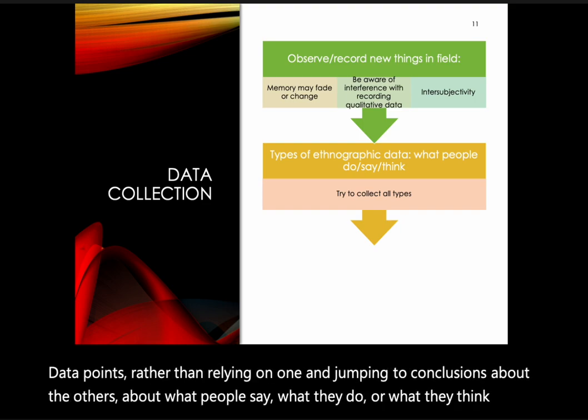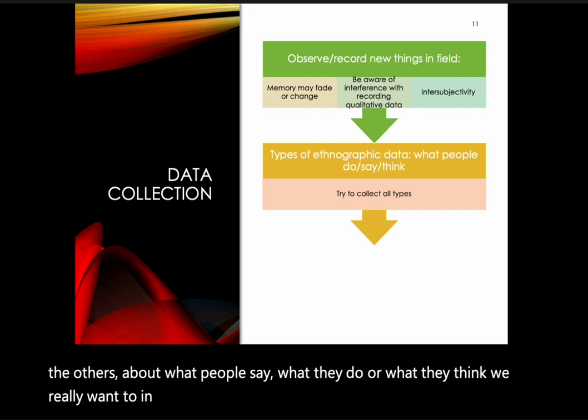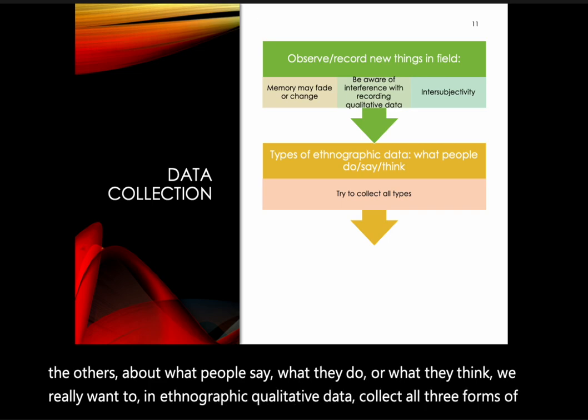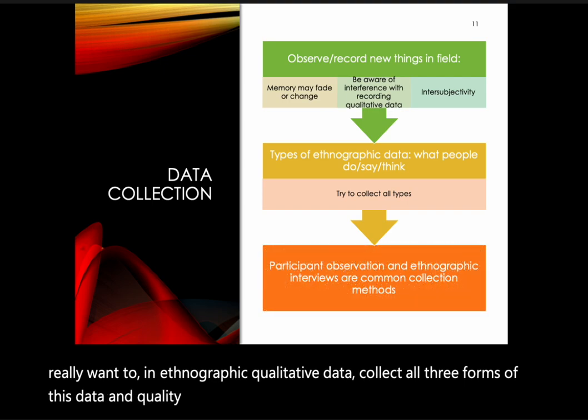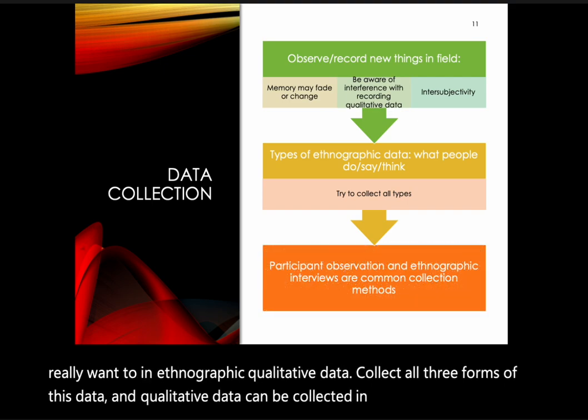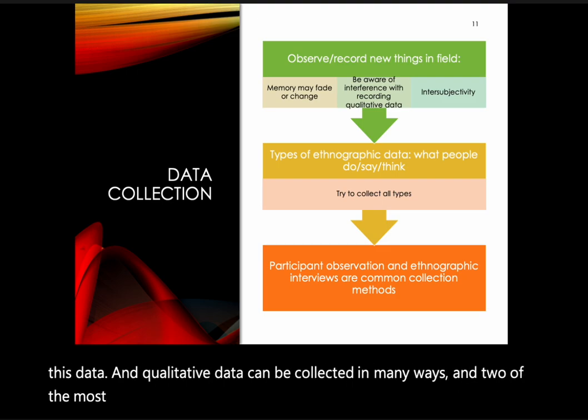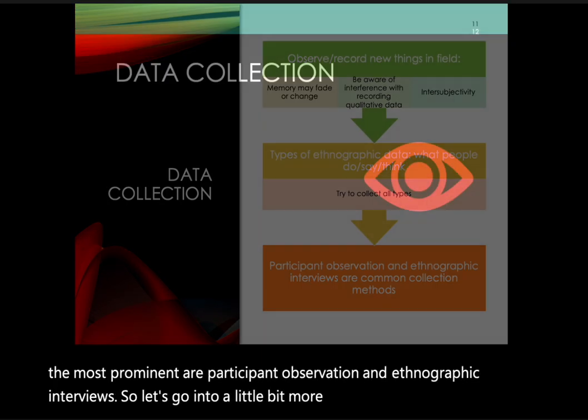We really want to, in ethnographic qualitative data, collect all 3 forms of this data. And qualitative data can be collected in many ways. And 2 of the most prominent are participant observation and ethnographic interviews. So let's go into a little bit more detail on each of those.